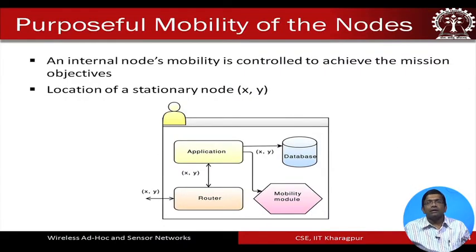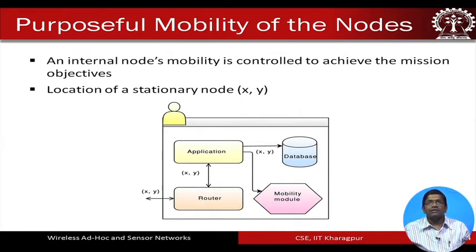We have already seen that purposeful mobility is very important, and an internal node's mobility is controlled in order to achieve the different mission objectives. That is where the purposeful mobility aspect of Rao and Cassidis, proposed in TMC in 2004, has been adopted.